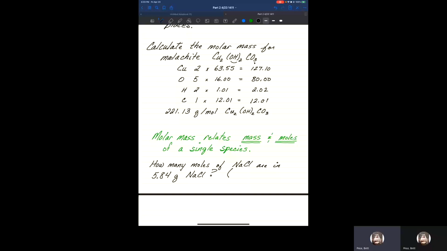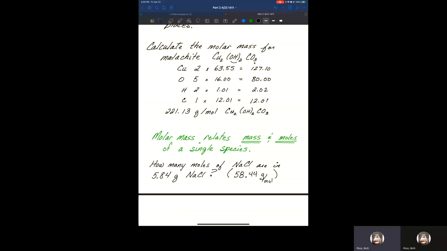One of the things that I like to do with questions like this is include the molar mass, 58.44 grams/mole.